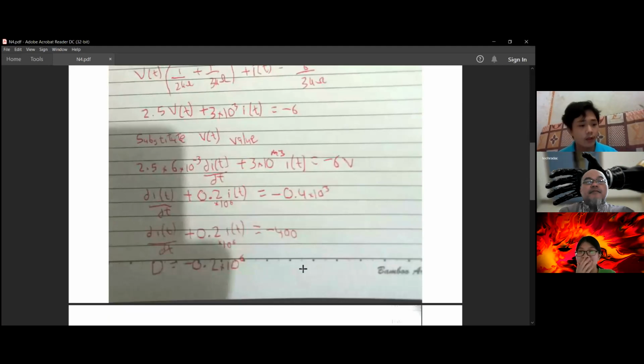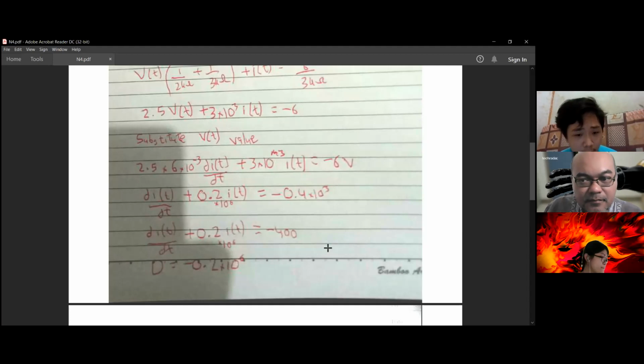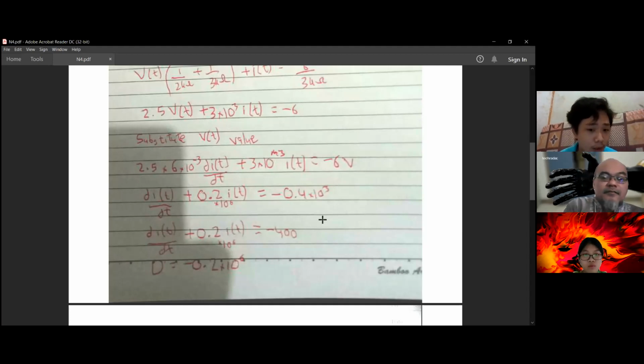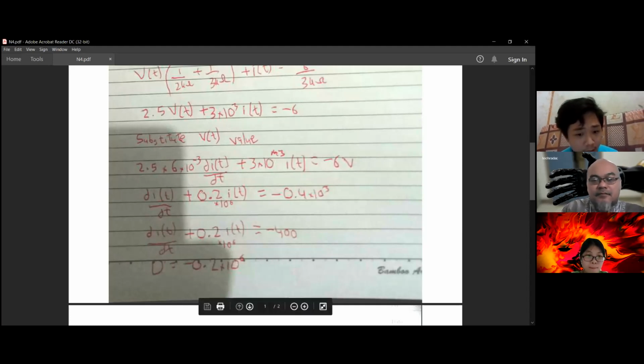Next, we could find tau and K1 from the first equation, but I use another way. I am not finding tau, I find D. D is negative 0.2 times 10 to the power of 6.